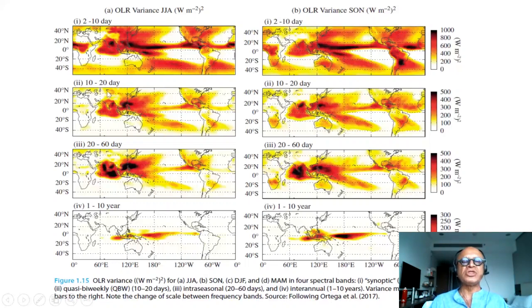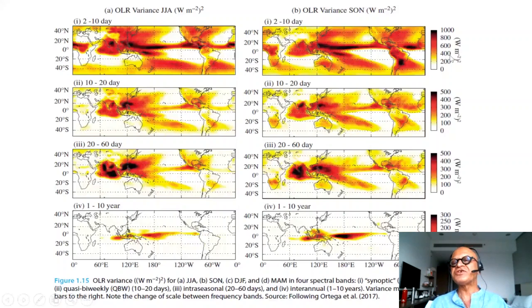Then you get into 10 to 20 day time scales, which are referred to broadly together with the 20 to 60 day time scale as the sub-seasonal or intra-seasonal time scale. So they are less than 3 months, which is a season, and these are considered high frequency sub-seasonal time scale, and these are the low frequency sub-seasonal time scales.